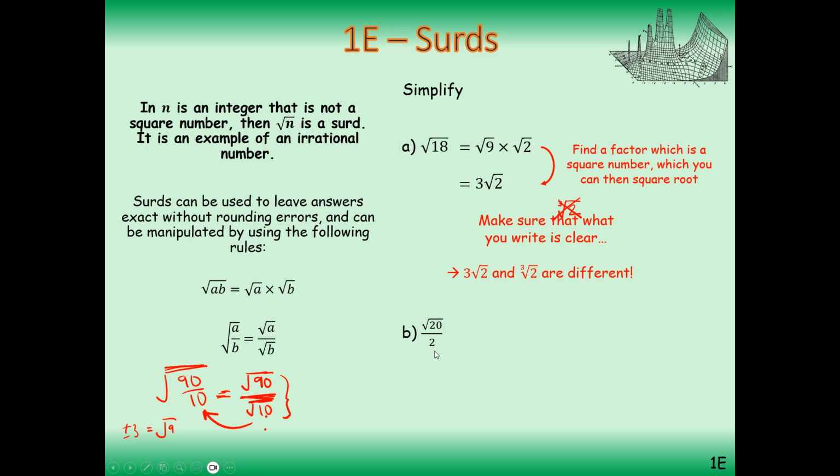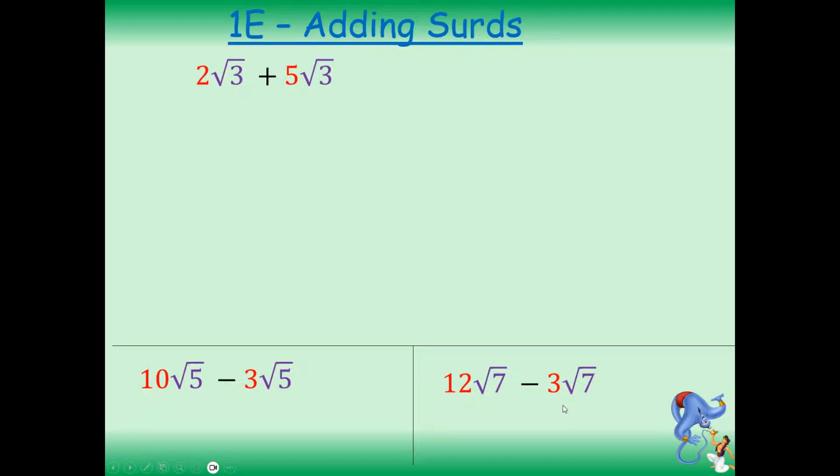What's the highest factor of 20 that is a square number? The highest square number we can divide 20 by is 4. So you use 4 and 5 as its factors, and you evaluate the square root of 4 to be 2. So that cancels away the denominator. You're simply left with the square root of 5.